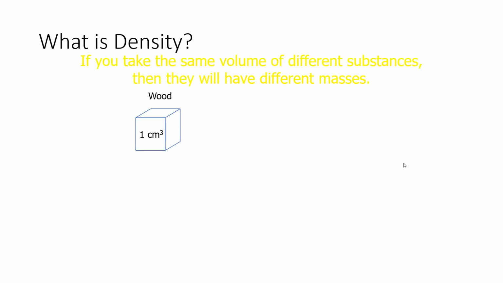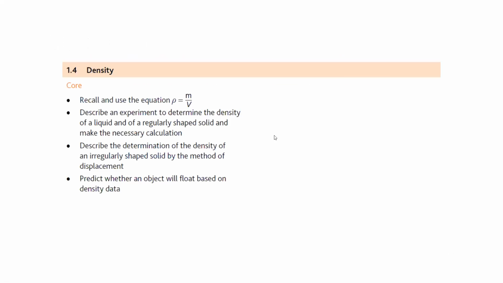So what is the concept of density? How do we define density? The symbol rho is a symbolic representation, and this is the formula: density equals mass divided by volume. Density is denoted by rho, mass by small m, and volume by V. But what is the SI unit, and how do we get it?